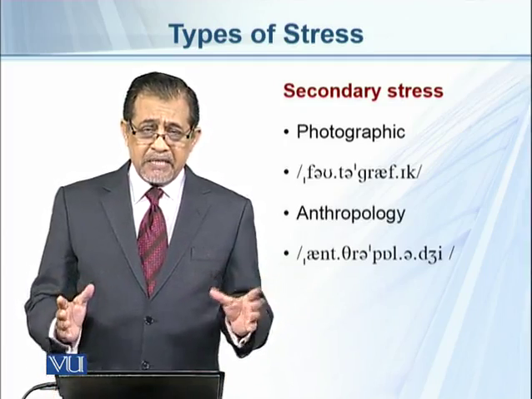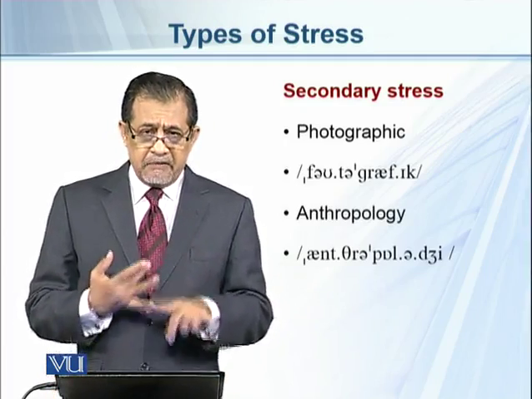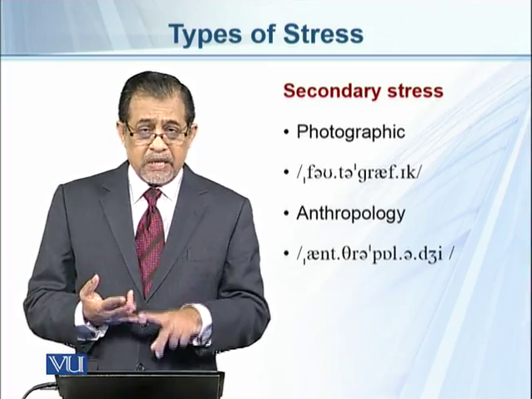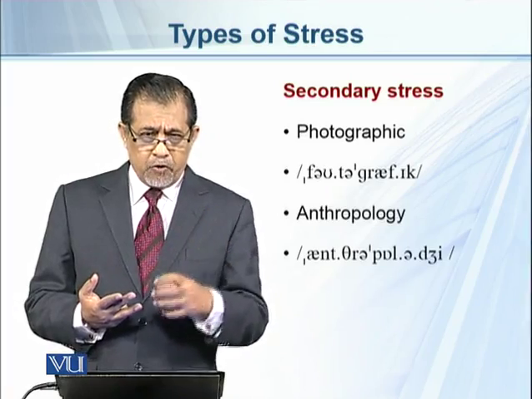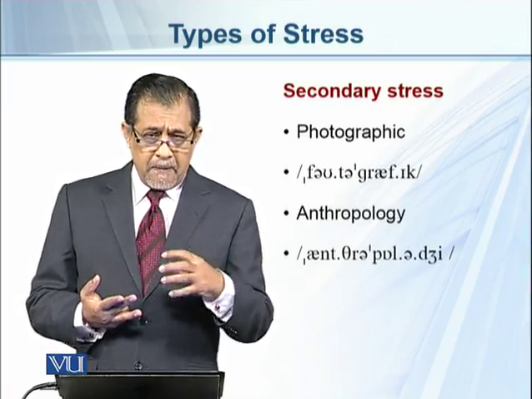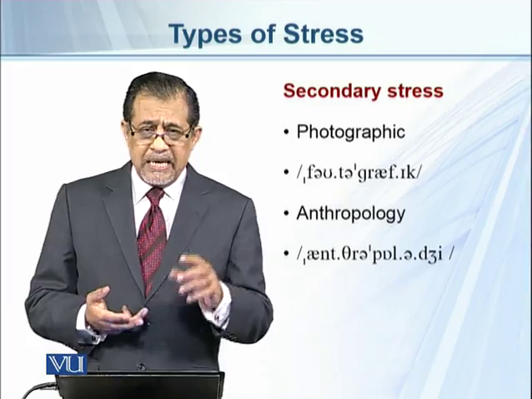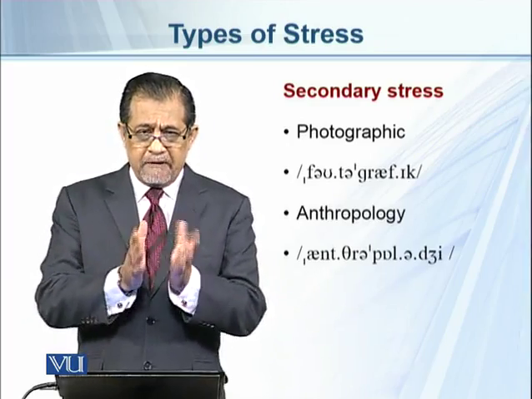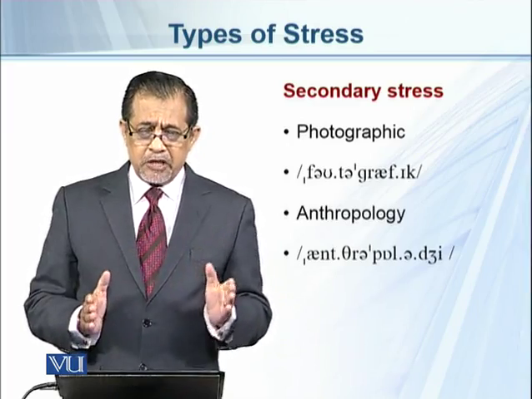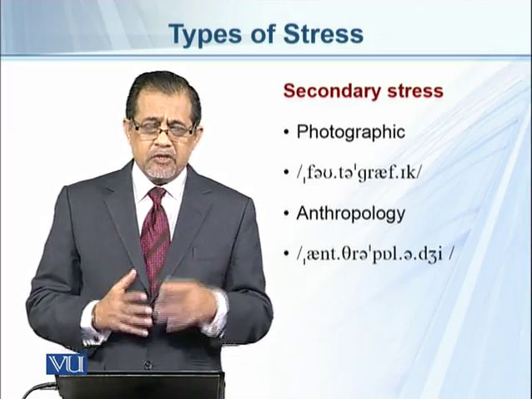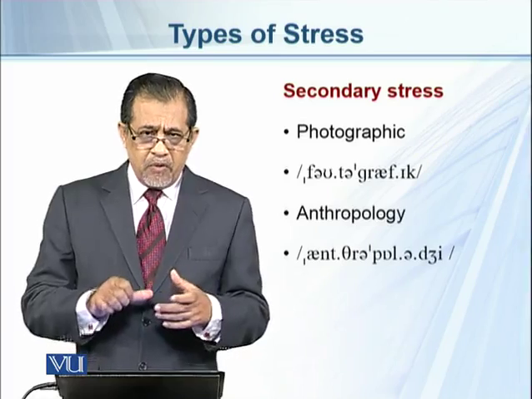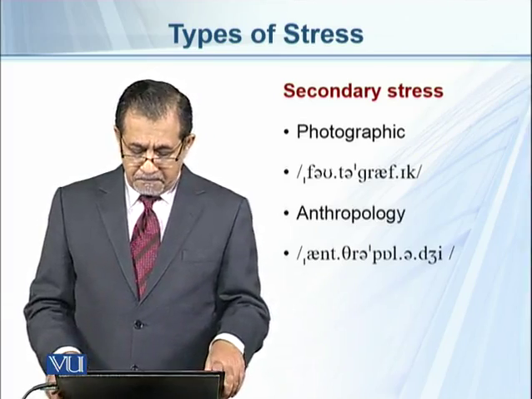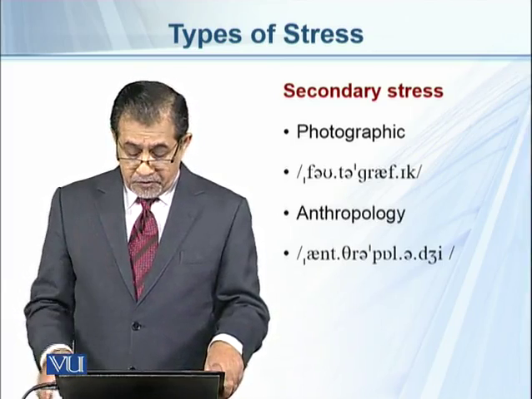So we can have three levels of stress: one syllable which is unstressed, one syllable which has more force and is the primary stress, and in between the unstressed and the stressed syllable we have another level, which is secondary stress. So up to now we can talk about three levels of stress.